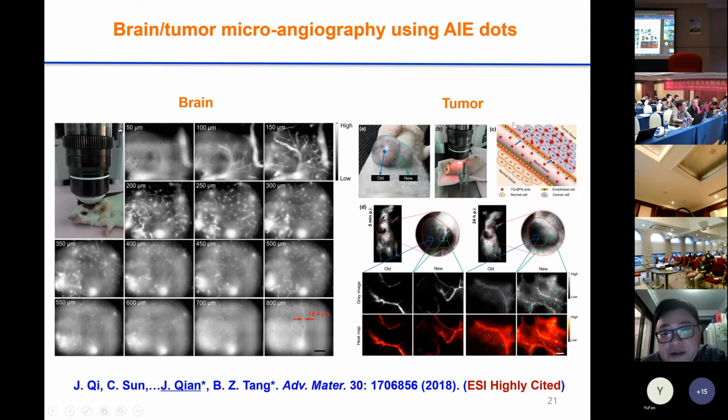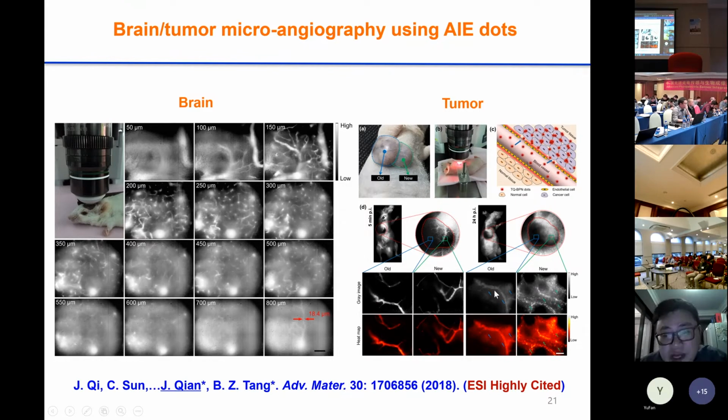And also we can use AIE dots for microscopic observation of the tumor. We can find the difference between the older tumor and the newly grown tumor. For example, in this newly grown tumor, most of the AIE dots are not only distributed in the blood vessels, but also in the surrounding tumor tissues.